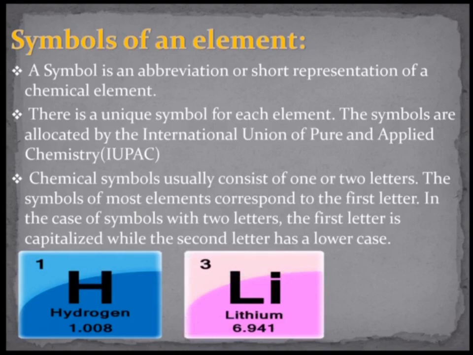And a special case like gold, Au. It means Aurum. It is a Latin name and it is given as Au. And for many other elements also, for copper, Cu, it is derived from the Latin name cuprum.